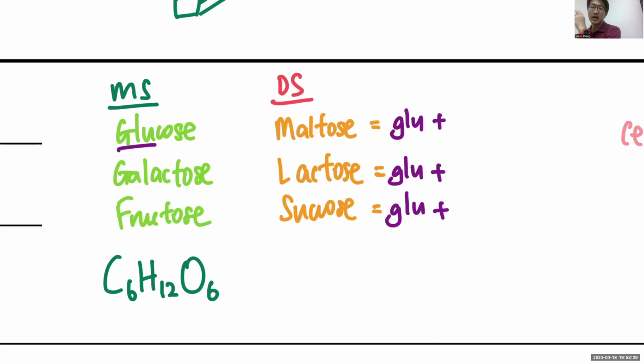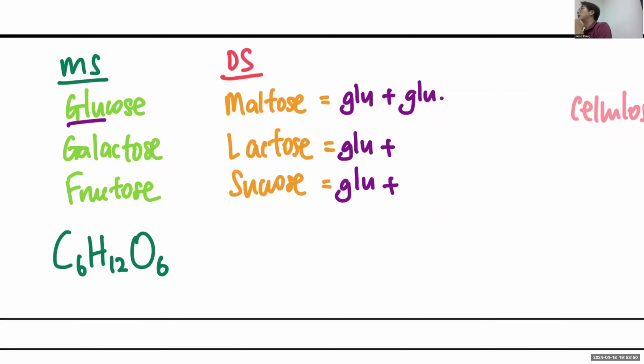So the next thing I'm going to ask you is, hey, if maltose, I tell you, is the simplest disaccharide, what does it contain? That's it, 2 glucose molecules. Simple, right? So no fuss. Now, how do you remember glucose plus what gives me lactose?